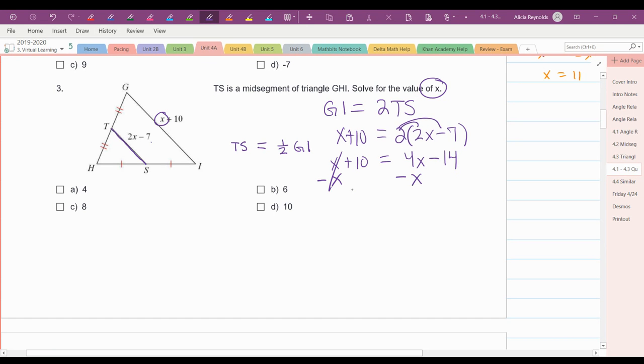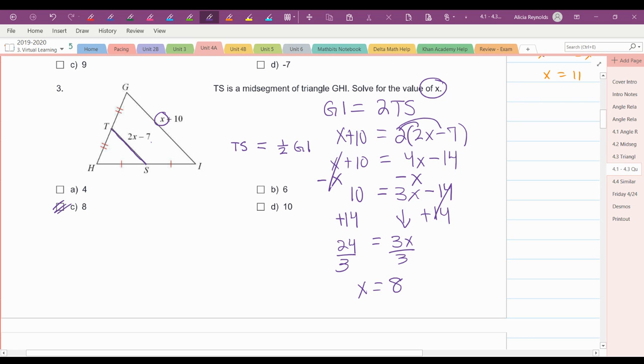So we're going to cancel out on this side, bring down the 10. 4 minus 1 is going to give me 3x minus 14. To cancel this negative 14, I need to add 14 to the other side, so that's going to cancel. Then I bring down my 3x, and this is going to equal 24. Last step, to solve for x, we have to divide by 3, and we see that x equals 8.